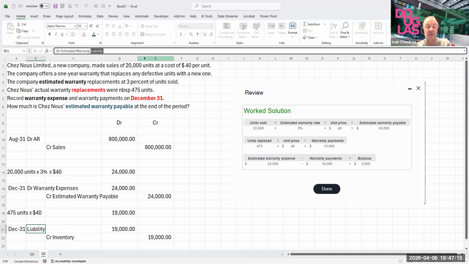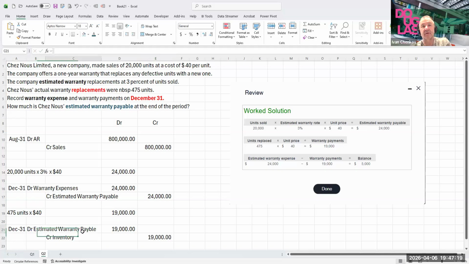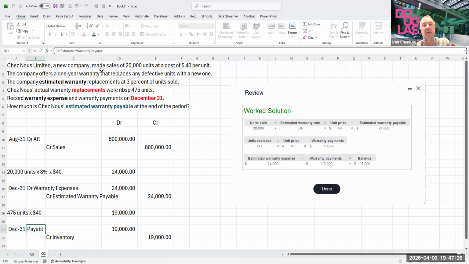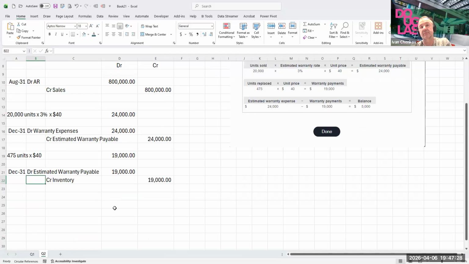The good thing for you is you don't have to type it. It's a drop down menu and you can choose the account, which makes your life way easier than mine. I have to type, so I can make a spelling mistake. You don't have to. It's a drop down menu, boom, done.